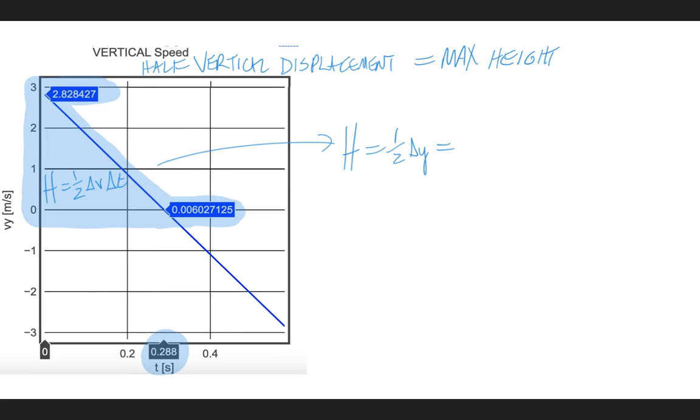And I can just say, oh, well, the delta V is this 2.828, I'll leave the rest off, minus this 0.006, which is essentially 0, times the peak height, half of the time of flight. And so here I get, what do I get? I get 0.4063.